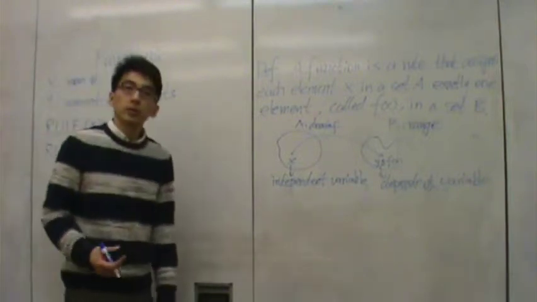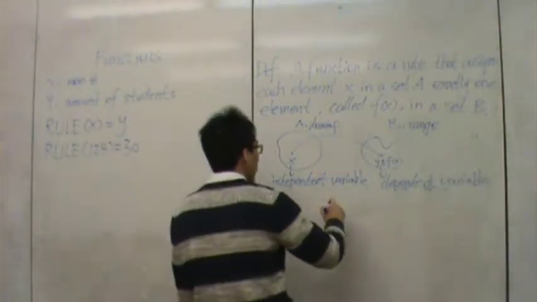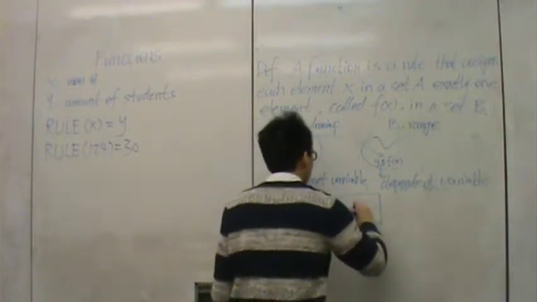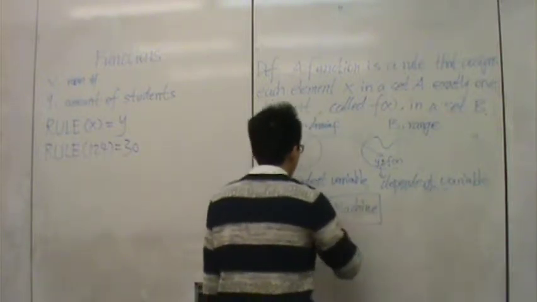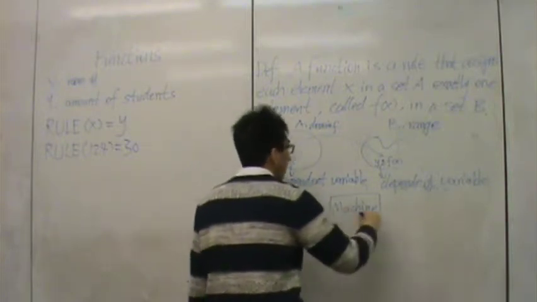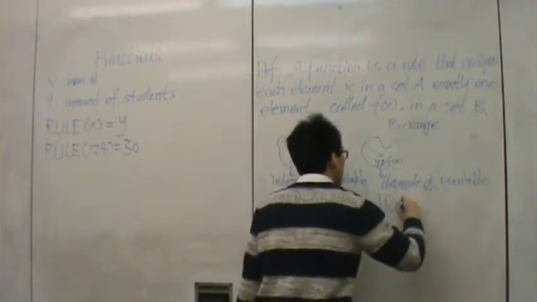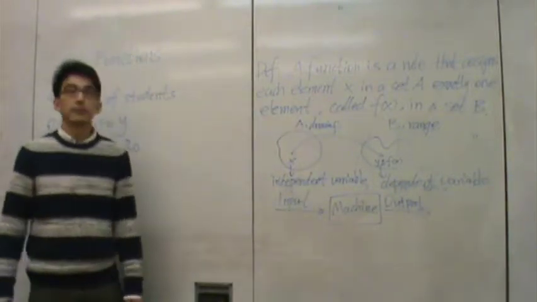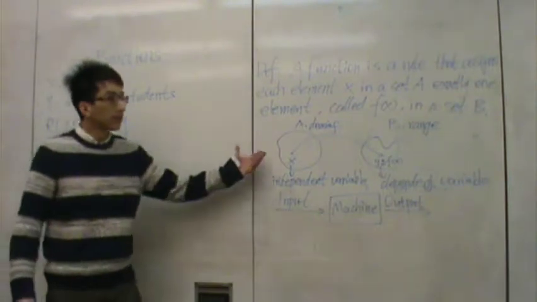It's helpful to think about a function as a machine. Give an input to the machine, and the machine provides an output. Is this definition clear?